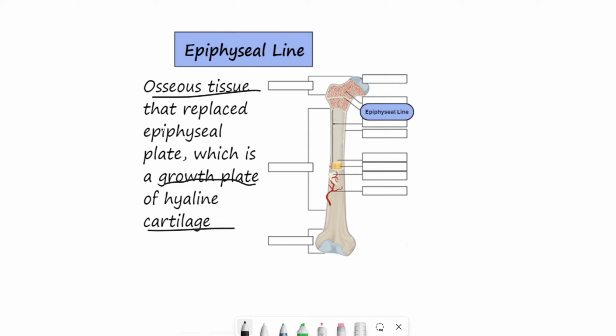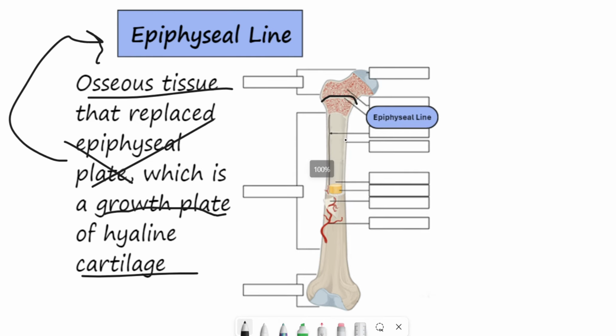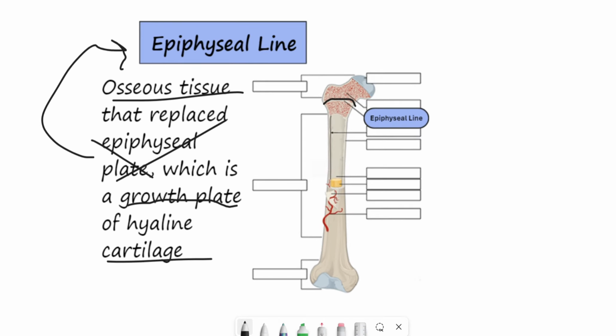And that term epiphyseal plate transforms into epiphyseal line, and that's this line right there, kind of separating that gap in between what looks like the spongy bone, red bone marrow.